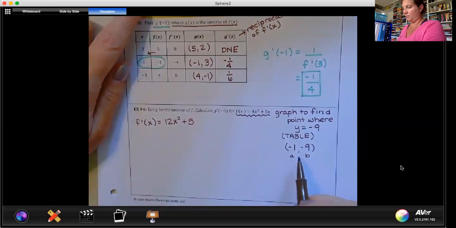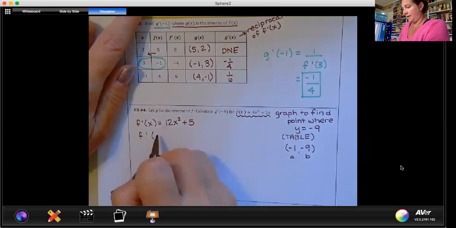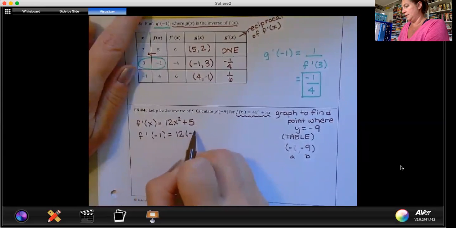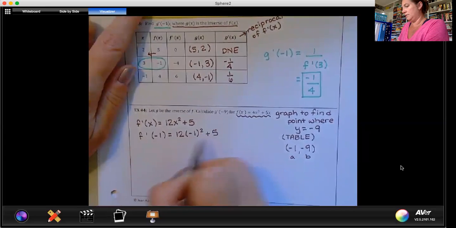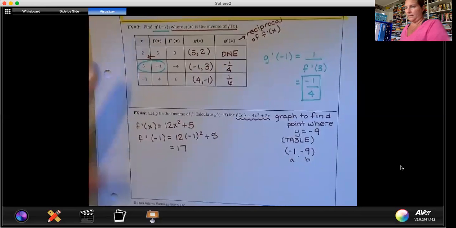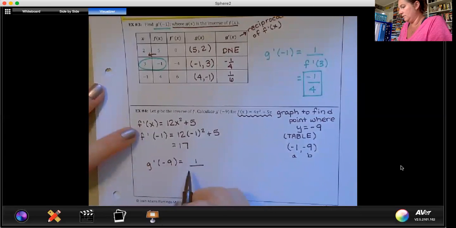We need to find f prime of a. So f prime of a is f prime of negative 1, which is 12 times negative 1 squared plus 5, which is 17. So g prime of negative 9 is 1 over f prime of negative 1, which is 1 over 17.